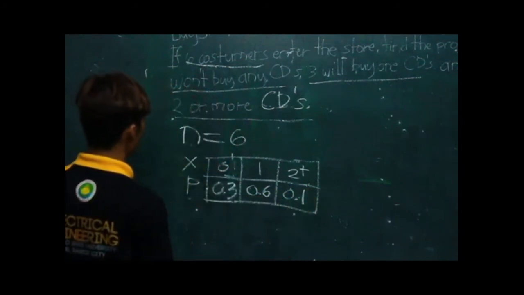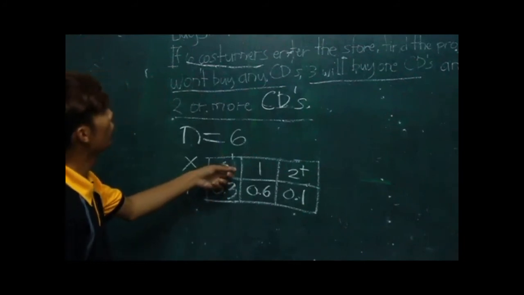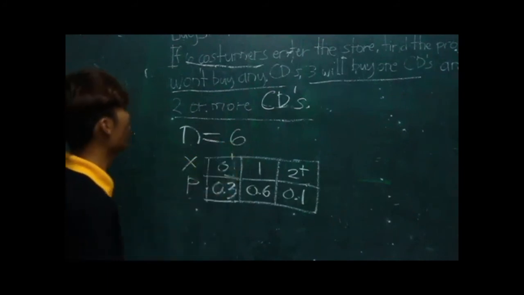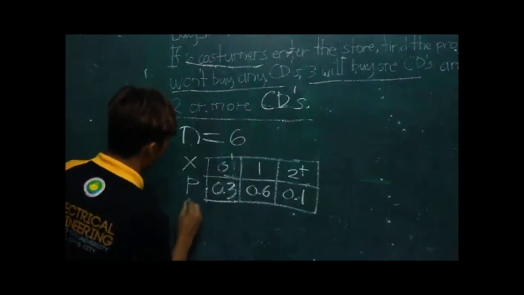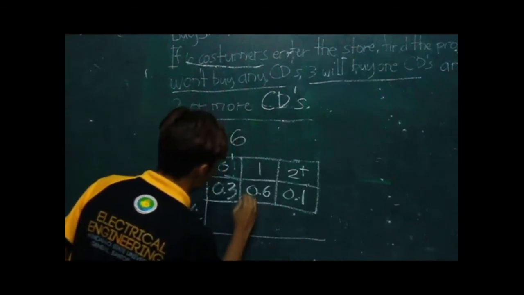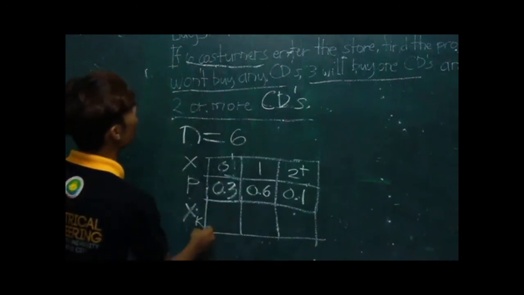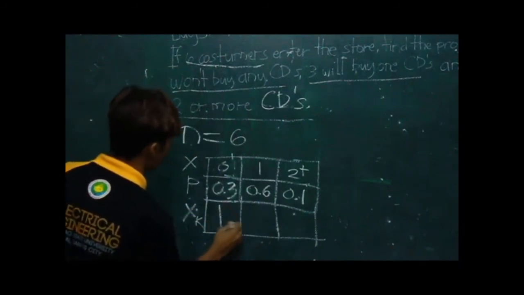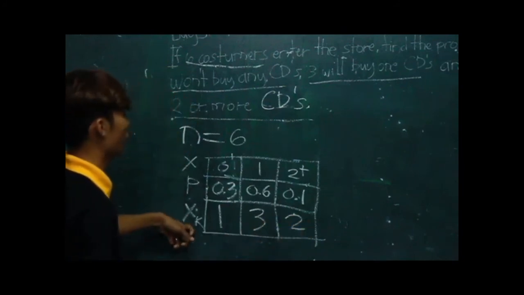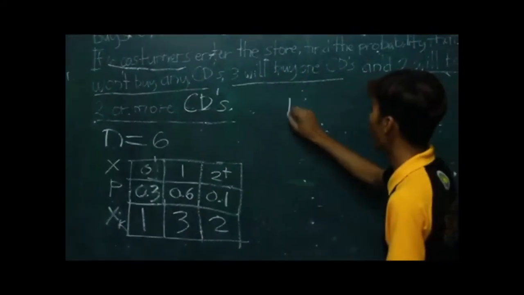As you can see here, these are your probabilities, and our x's will be 1, 3, and 2. Since your table is complete, now we can solve our probability.